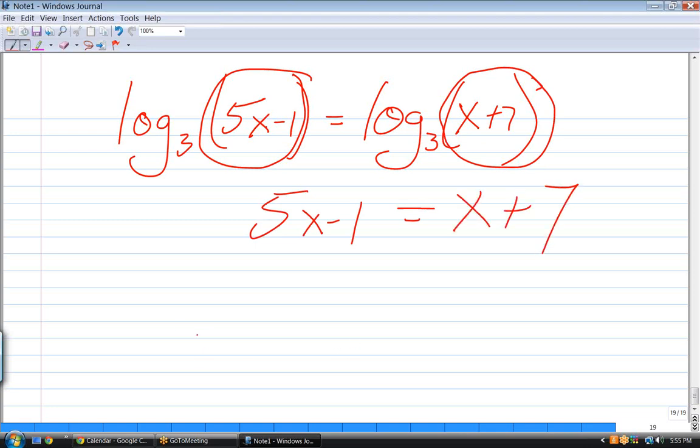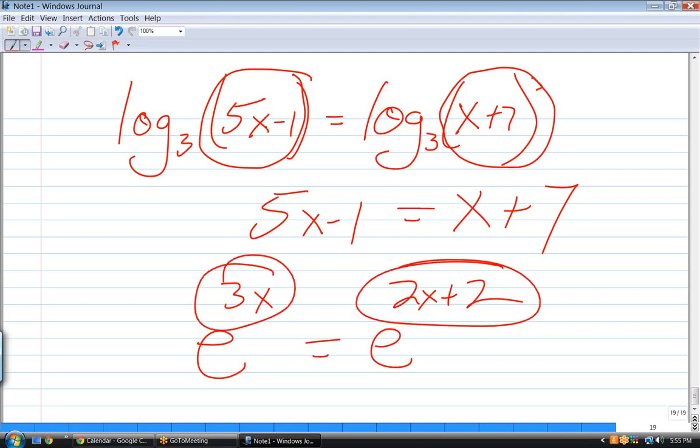In the same way that if I said e to the 3x equals e to the 2x plus 2, I'm not really dividing by e. I'm just saying it's okay to equate exponents. They have to be the same. And this could be any number. It could be 2. It doesn't have to be e.